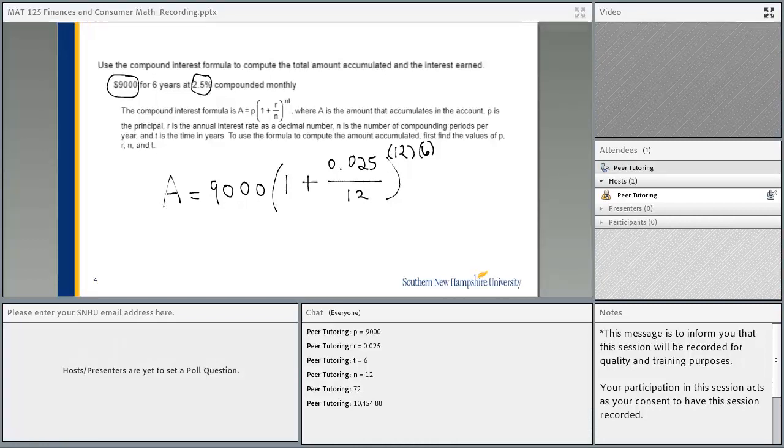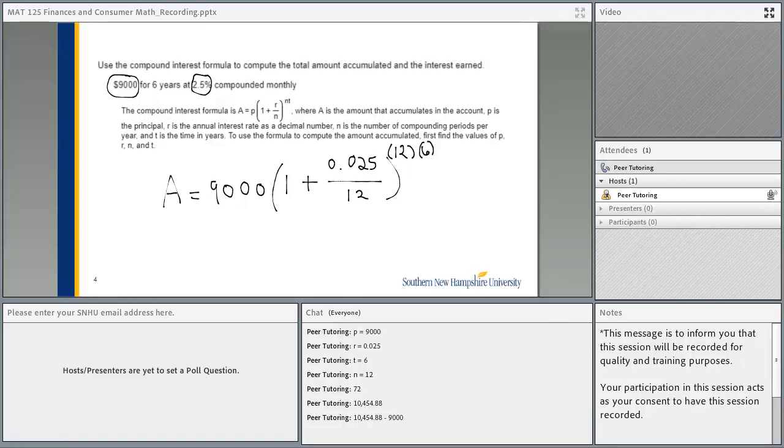Then the second part of that question is, what is the interest earned? If we originally had $9,000 to begin with, what is the interest that we earned over those 6 years? For that part, you just have to subtract 10,454 and 88 cents minus $9,000.